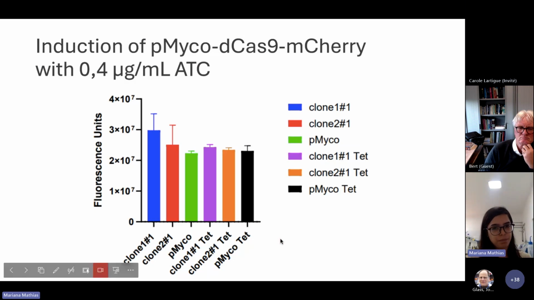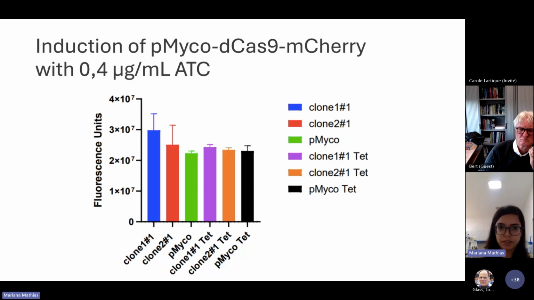And we saw that maybe our clones that are being induced have a different expression of mCherry. But we need further work on this, and I would really like to sequence to see what changes we had after the induction of our system.